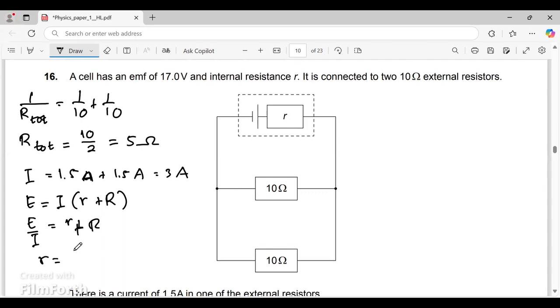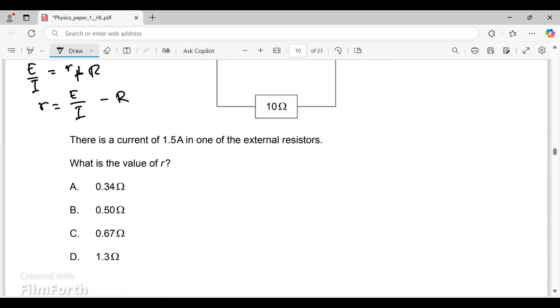So r equals E over I minus R. So we can determine r, the internal resistance: 17 divided by 3 minus 5, which is about 0.67 ohms. Solution is C.